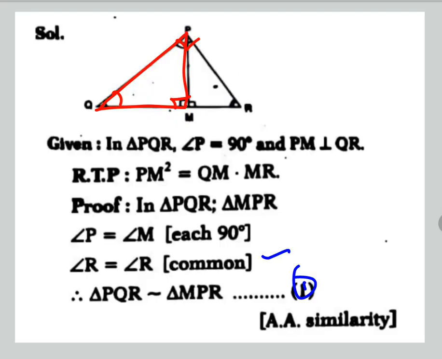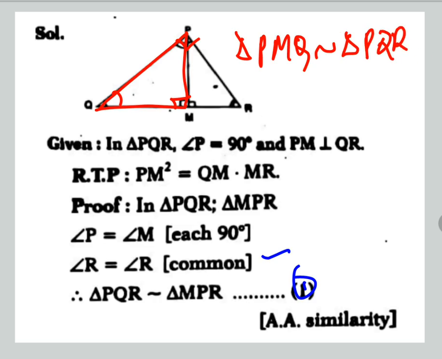From this we can write triangle PMQ is similar to triangle PQR with respect to angle.